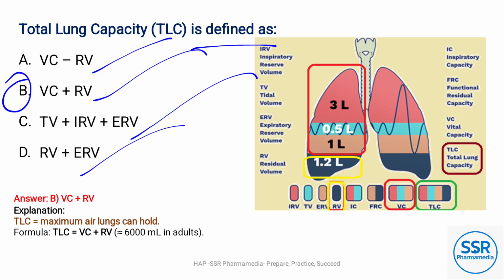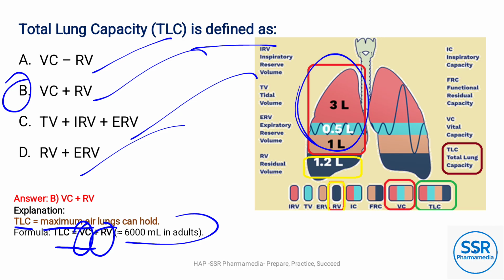TLC, total lung capacity, is the maximum air the lungs can hold. It is nearly 6000 ml, that is 6 liters, in an adult.